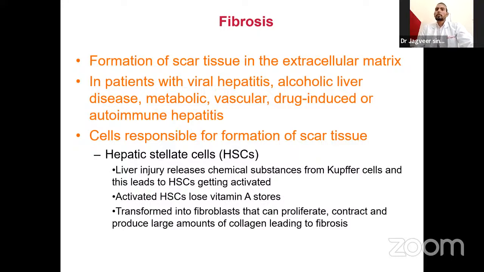The cell responsible for fibrosis is the HSC, which we have already discussed, because in normal conditions they are only vitamin A storing cells, but when injury occurs, they transform into fibroblasts, and they excessively secrete extracellular matrix, and the extracellular matrix deposits in the intercellular spaces, and that leads to fibrosis.